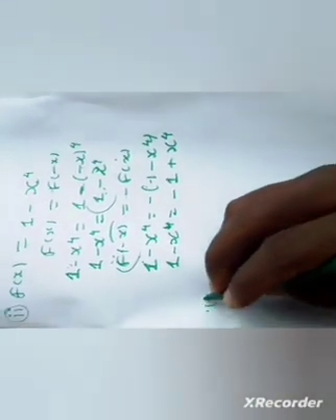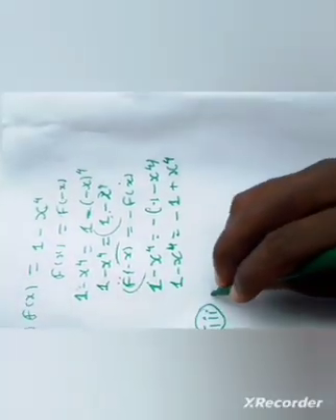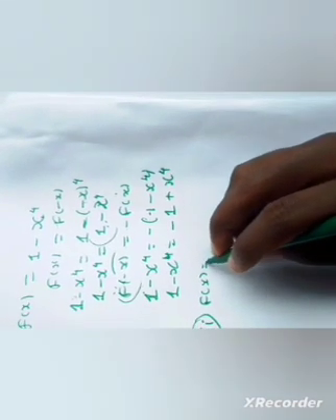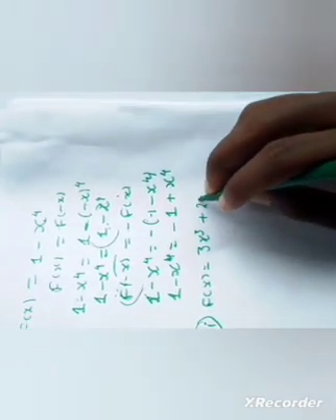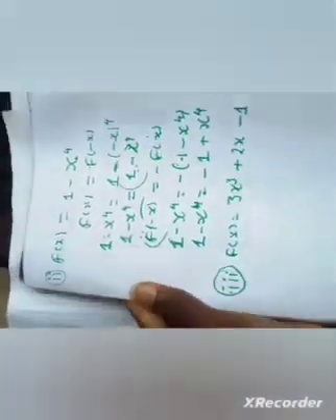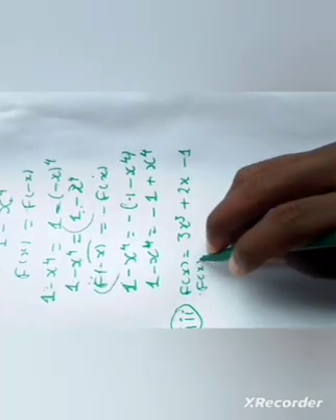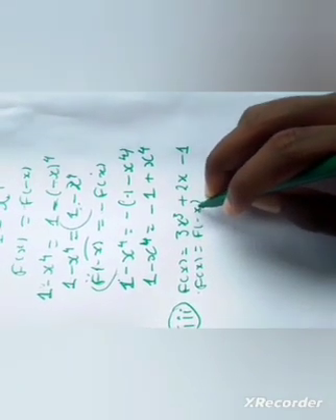So question 3, I hope you are getting the concept. They have given you a function, f of x equals 3x to the power of 3 plus 2x minus 1. If this function is given, it means that the original function should be equal to what we get when we substitute x with negative x.